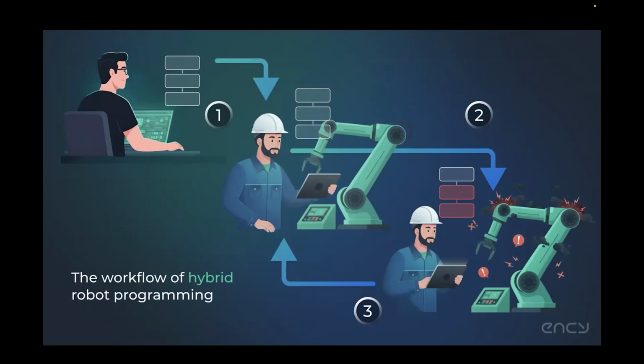This level of interactivity dramatically shortens the debugging stage. Instead of the long cycle of simulate, export, test, go back to the PC for correction, the engineer in ENCY Hyper can fine-tune a trajectory or adjust a parameter on the fly and immediately see the effect.